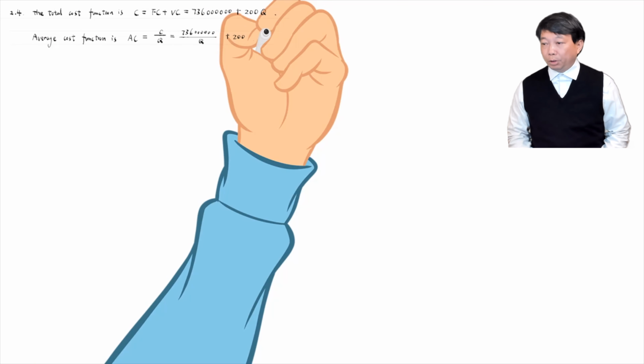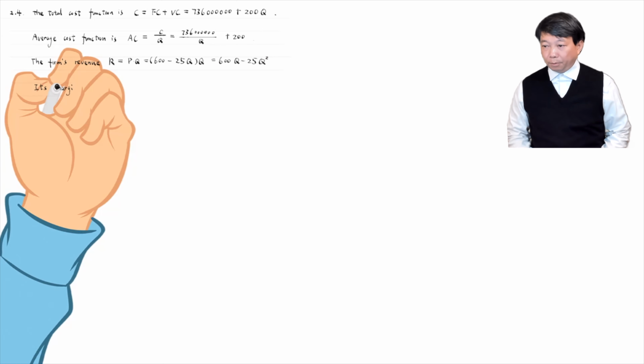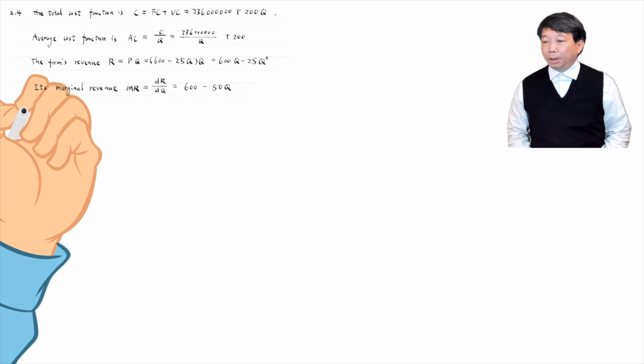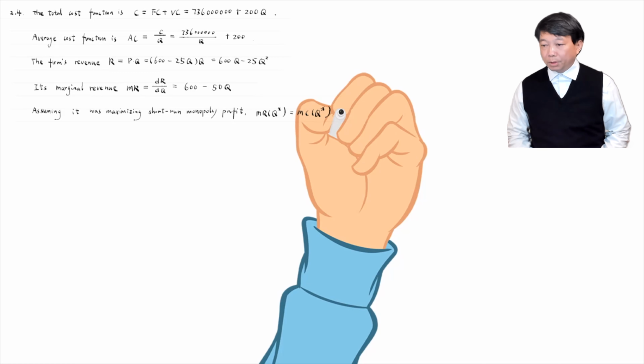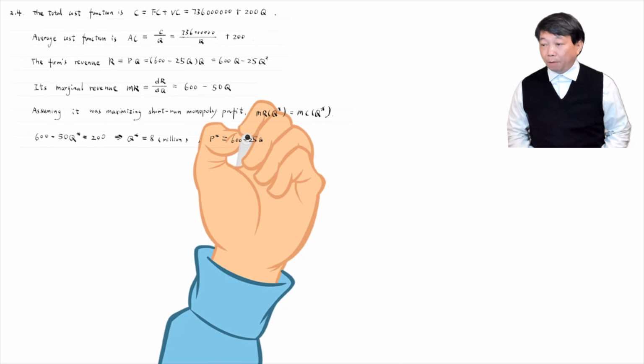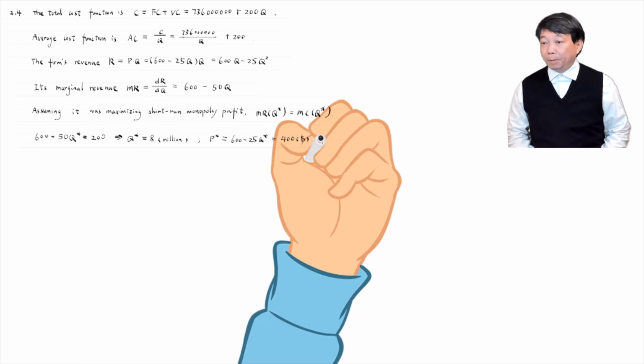R equals P times Q. Taking the first derivative gives the marginal revenue, MR. If the firm maximizes its short-run monopoly profit, it sets its output Q star such that the marginal revenue equals the marginal cost at that quantity. Solving the equation gives the monopoly quantity of 8 million and the monopoly price of $400.